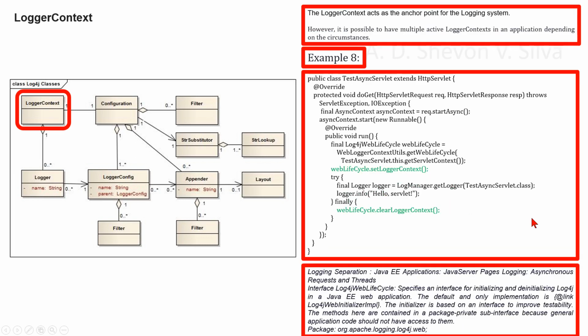Here, as an example, you can see an asynchronous request and thread in Java Server Pages in Java EE applications in logging separation.